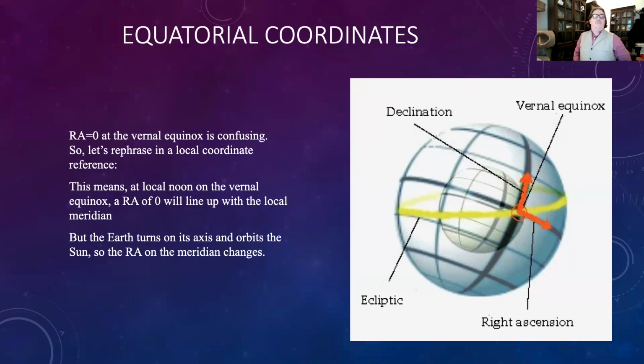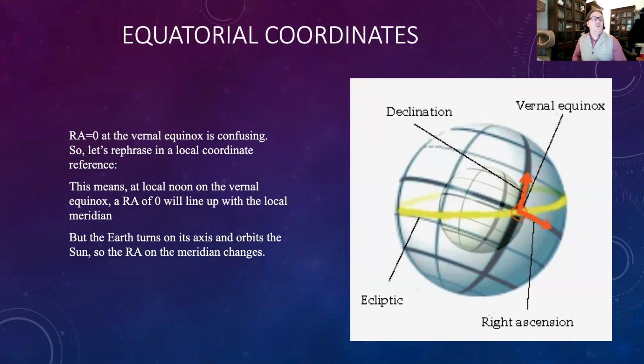But the take home point here is that the reason right ascension is given in hours is because it is useful in terms of timing of when objects are going to be in which parts of the sky. And if you want to convert from right ascension into degrees, you have to multiply your right ascension times 15, and that includes minutes and seconds.